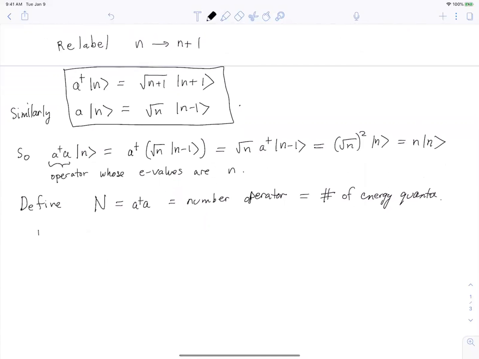And so H is just equal to h bar omega times N plus 1/2. And we just proved that N acting on a ket little n gives you back the number little n times n.